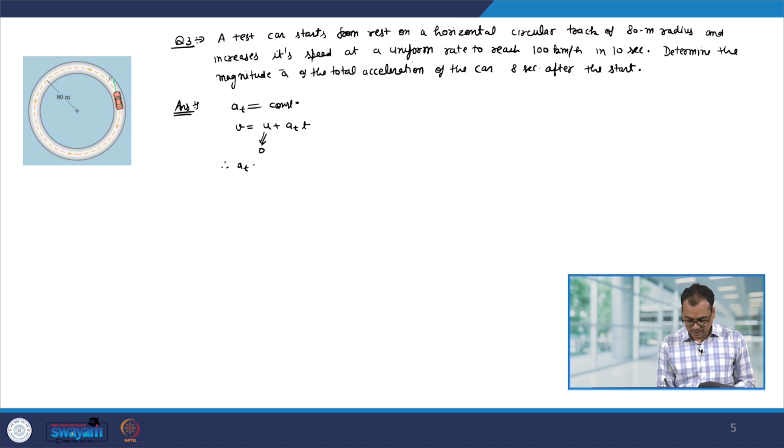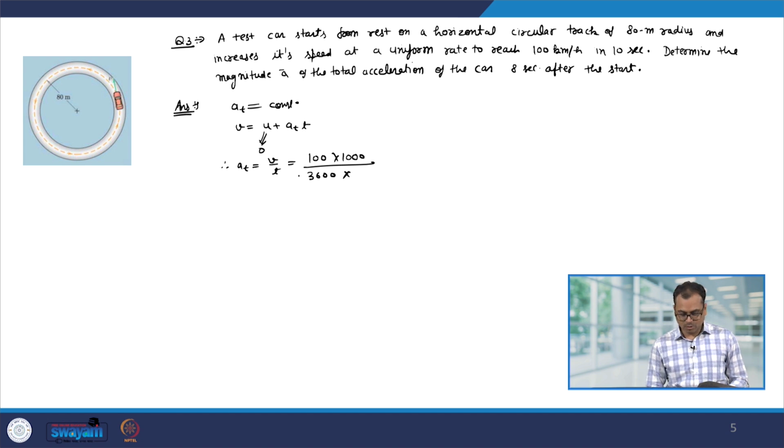Therefore, a_t will be v over t, and v is 100 kilometer per hour. So, 100 into 1000 to convert it into meter, and hour converted into second, divided by t. It attains this in 10 seconds. So, you get the transverse acceleration, which is 2.78 meter per second square.